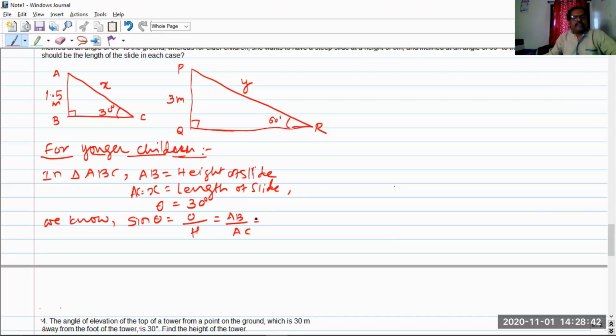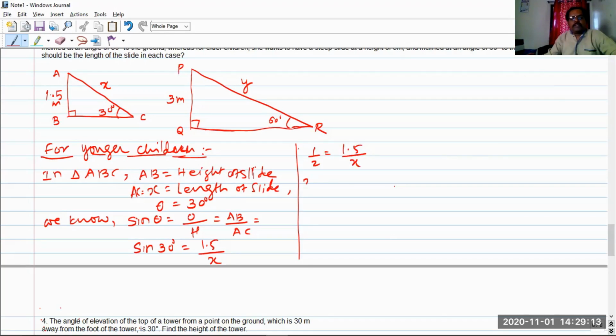We can just put the values. Sine theta is given as 30 degrees, so sine 30 is equal to AB, which is 1.5 meters, over AC, which is x, that we need to find. Sine 30 is nothing but half, which is equal to 1.5 upon x.